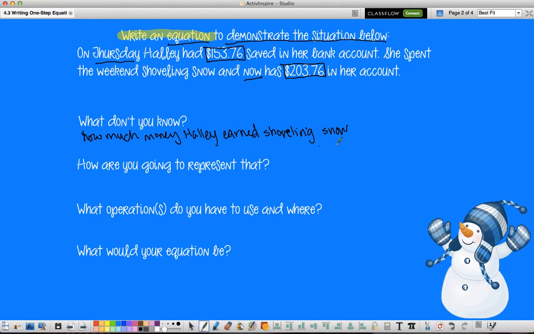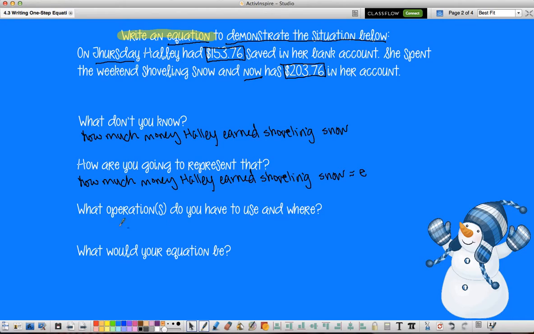I'm going to allow this, and I'm actually going to copy and paste because if I don't, this could take us a lot longer. And I am going to set this equal to E for earned. Again, you can use whatever letter you want, but in this case, we need to make sure that it's equal to how much Haley earned.